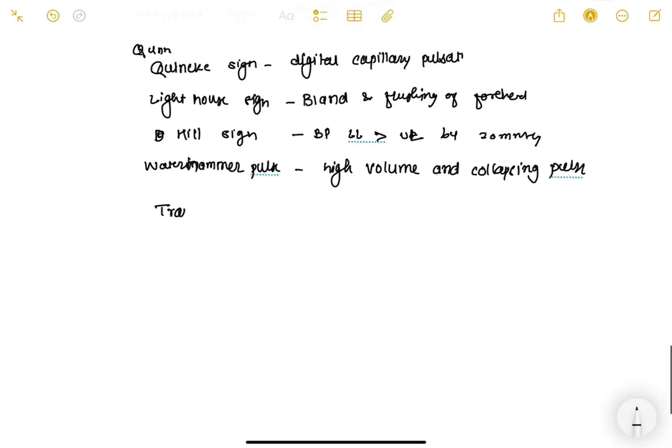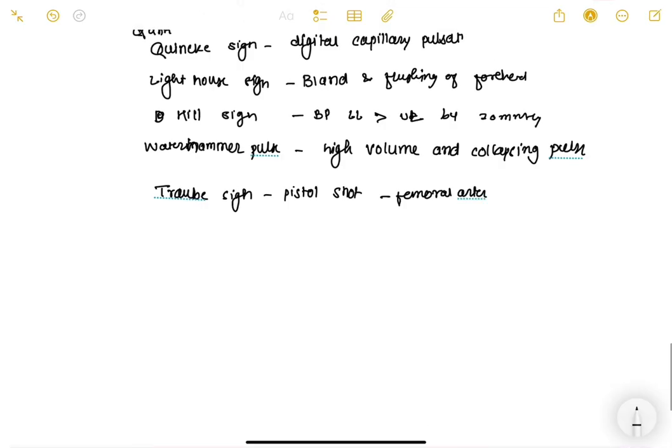Then Traube sign, so it is a pistol shot in femoral artery. Whenever you are going to palpate that femoral artery, it will feel like someone is shooting guns.